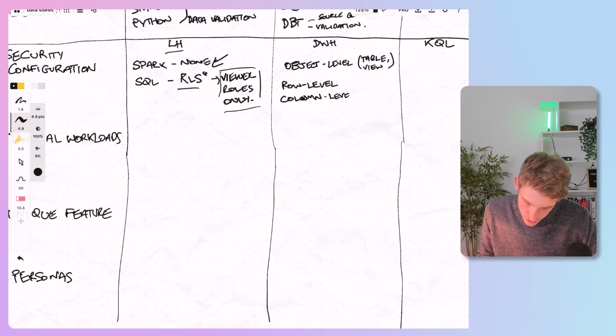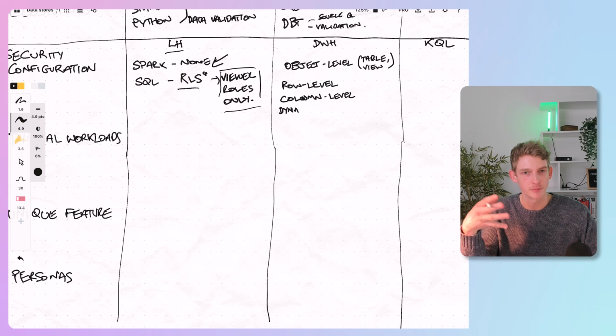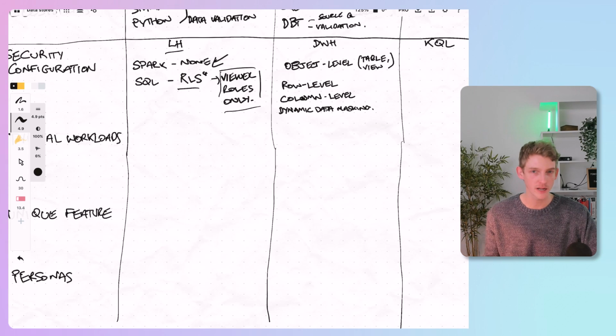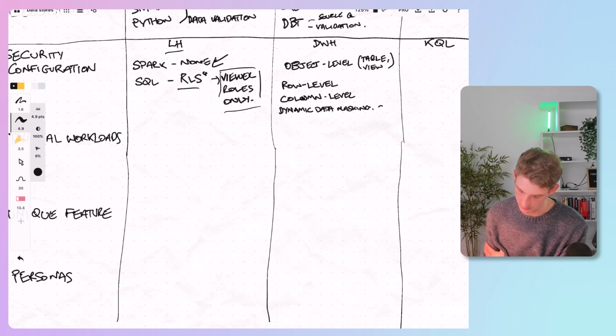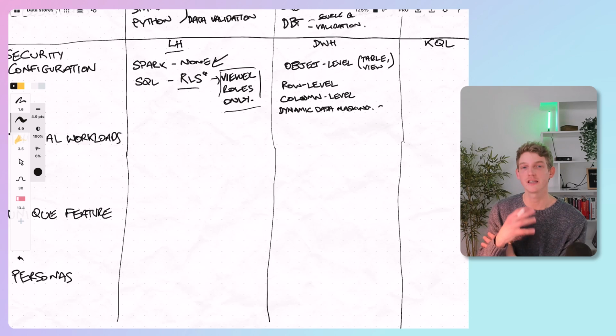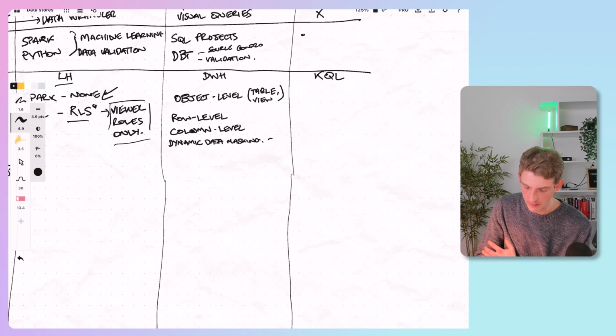We can also do dynamic data masking, which means masking sensitive data in particular columns for particular people or groups. So if you've got sensitive information like an email or credit card, for example, that data can be masked in that column if you use dynamic data masking. So there's a lot more granular permissions that we can apply in the SQL data warehouse, if that's what you want. And in the KQL, we have access to row level security, and that's it.